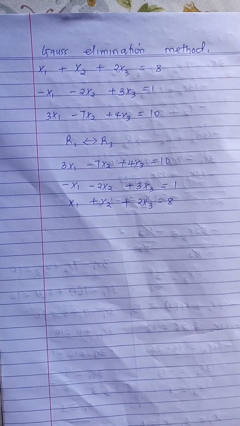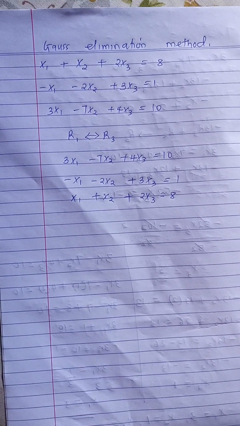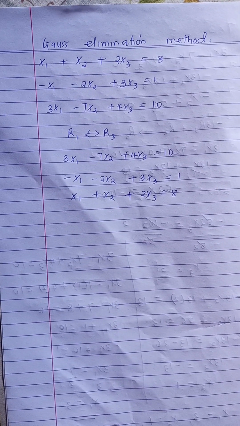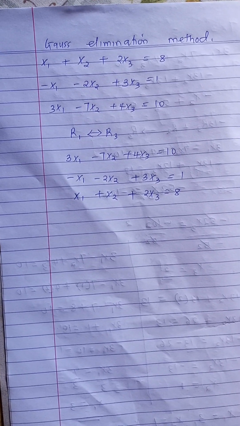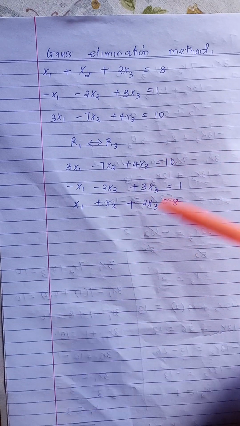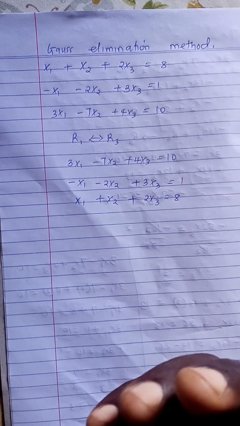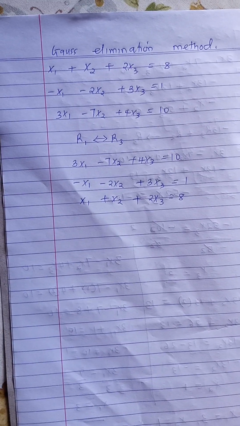The second step... first, let me explain what we mean by swapping, because maybe you might ask what swapping means if you have never come across the word. Swapping means interchanging the position of the equations or rows.